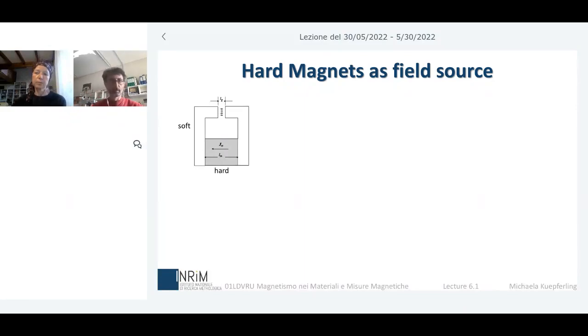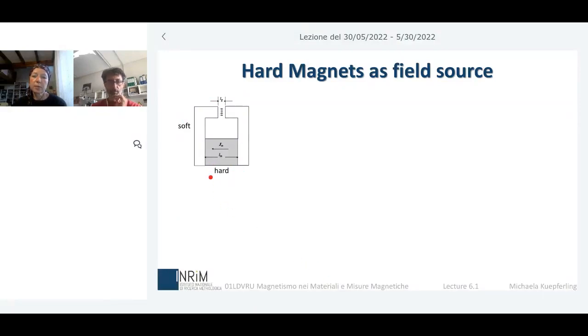Mainly, I told you, one of the applications is to use hard magnets as a field source. So, for example, we saw also in the electrical motors, there's always a hard magnet inside, which acts as a field source. When we speak about field sources, then we also should speak about magnetic circuits.